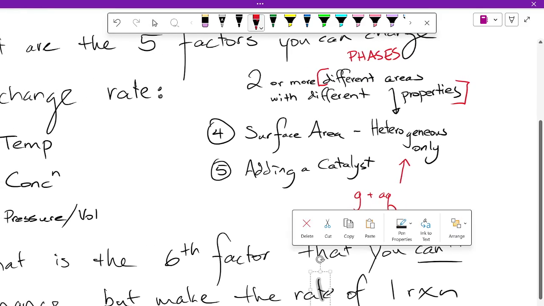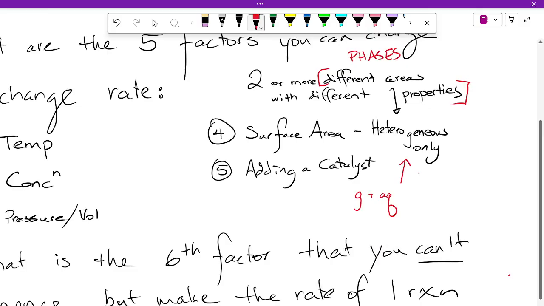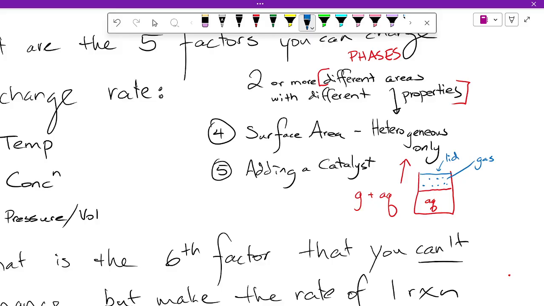If you had a container, and here's your aqueous stuff, and here's your little gas molecules. Let's put a lid on that. There is a surface between those two, yes? So you could measure the surface area.